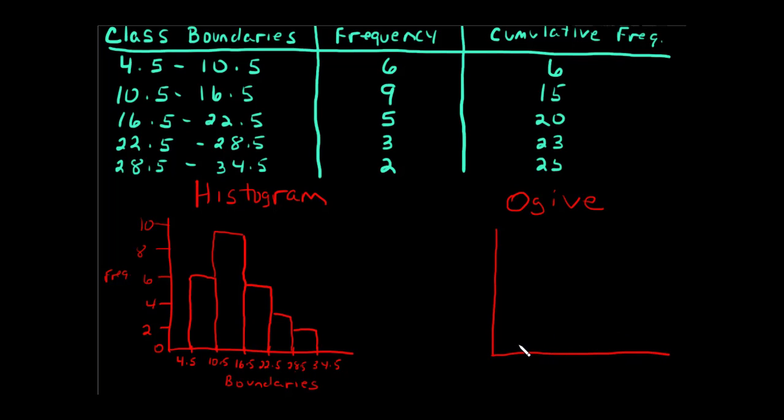And I want to create my tick marks like I did before, and label them. So 4.5, 10.5, 16.5, 22.5, 28.5, and finally 34.5. And of course these are going to be the boundaries.